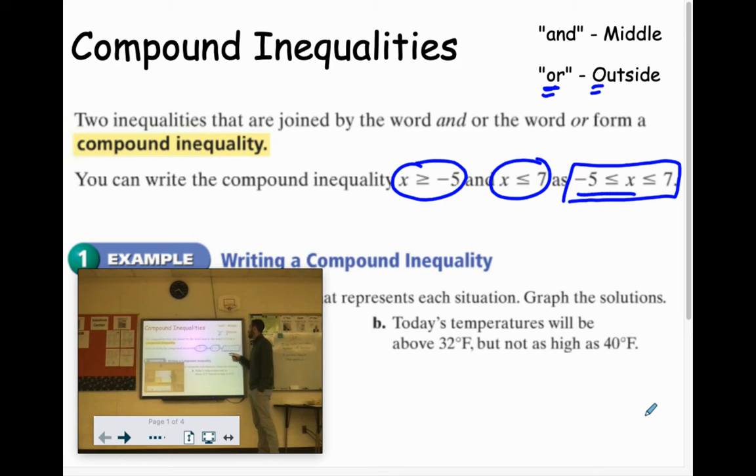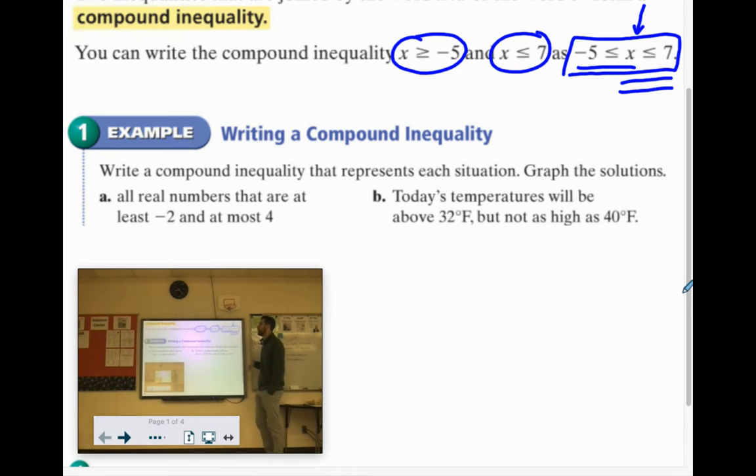The way I remember these kinds of problems is if your variable's in the middle, you shade in the middle. Again, they don't usually say the word "and" with the "and" type compound inequalities, but you do see the word "or" when it is an "or."